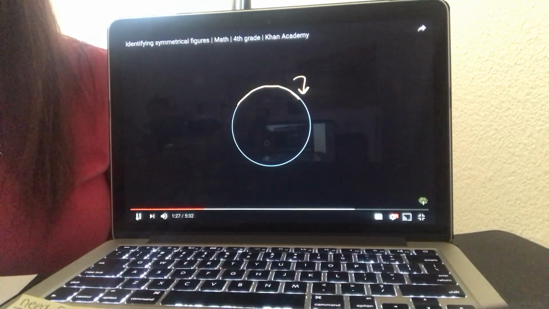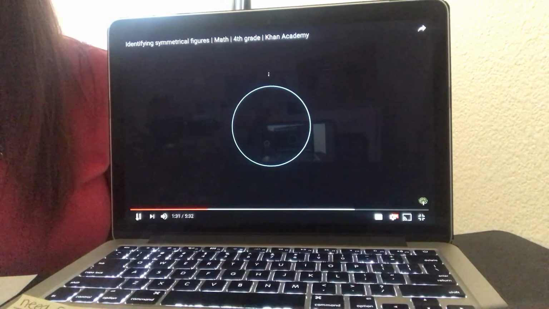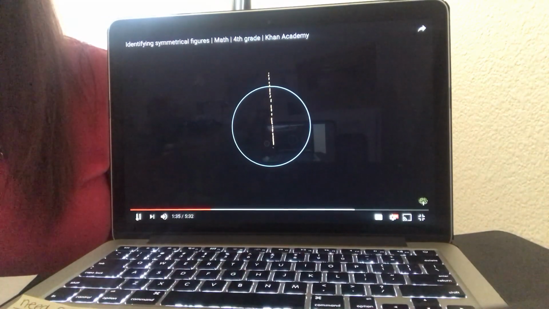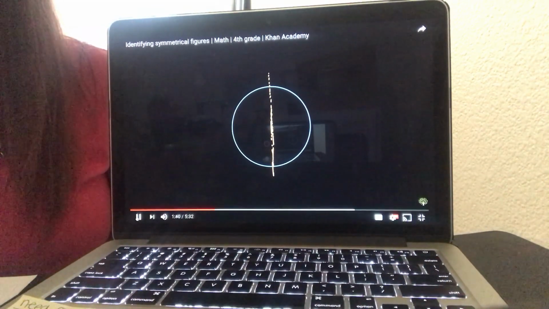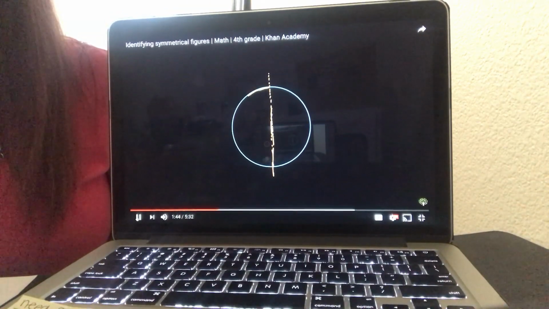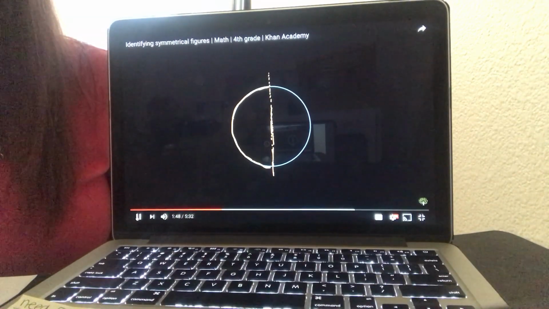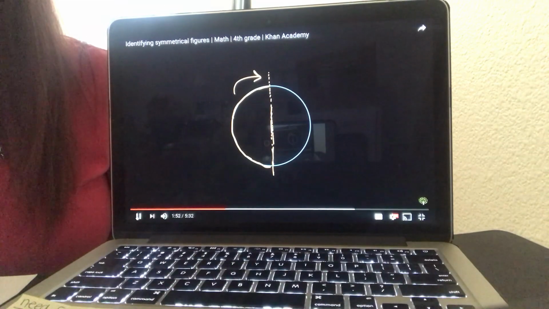Let's try another line. Maybe if we drew a line, and we'll try to get as close down the center as we can here, like this. Try to be as close to the center as possible. If we took one side, again, it doesn't matter which side, let's say the left side, and we folded this left side onto the right side, would it match exactly?